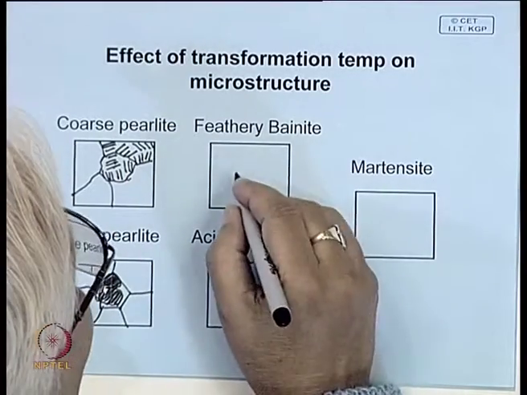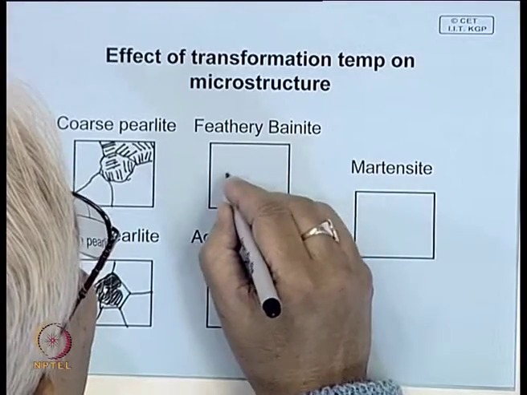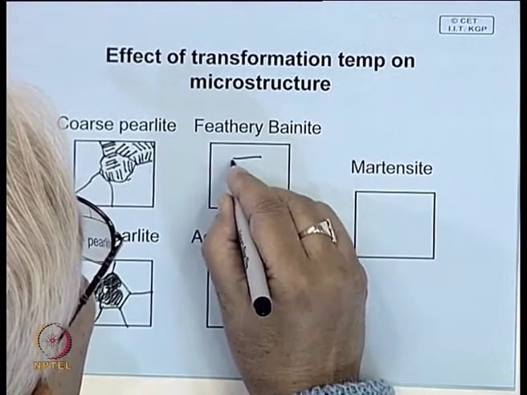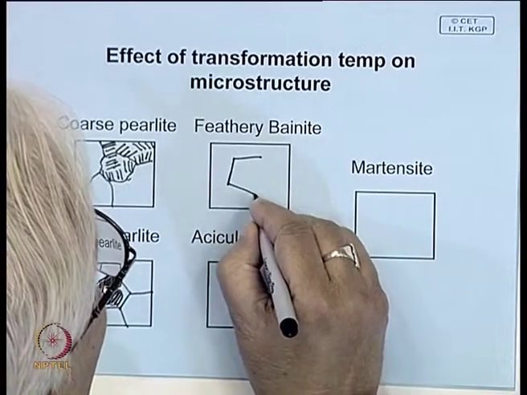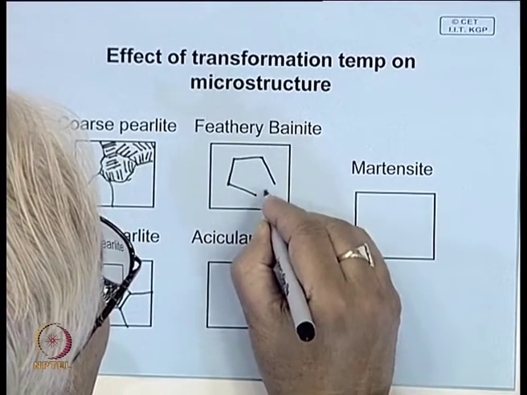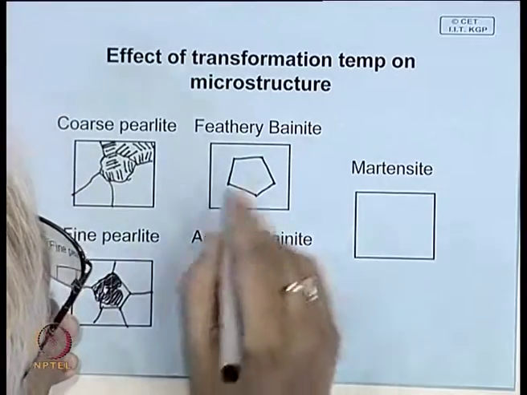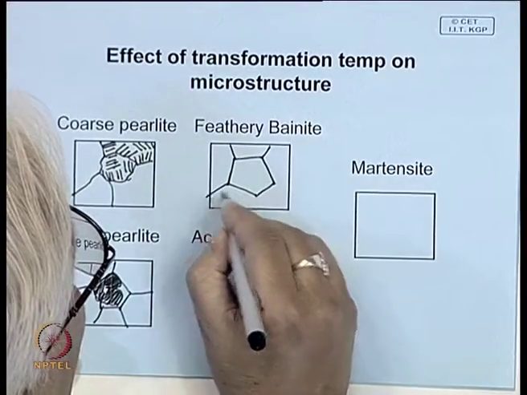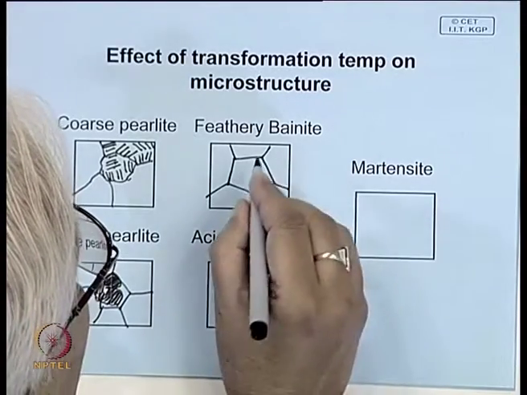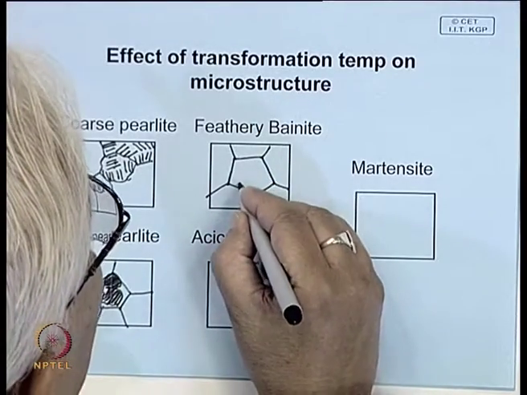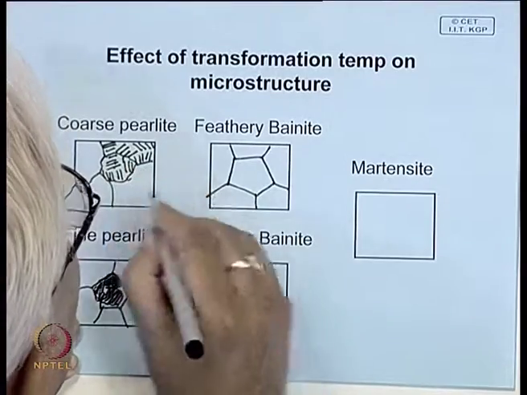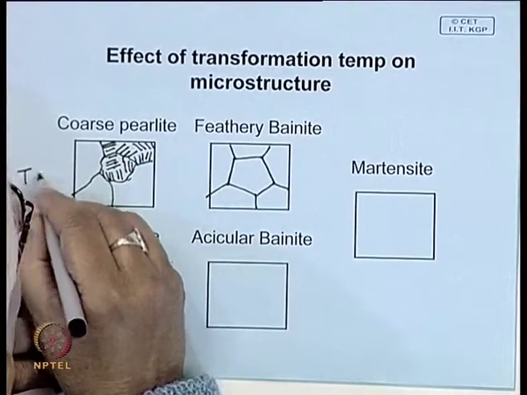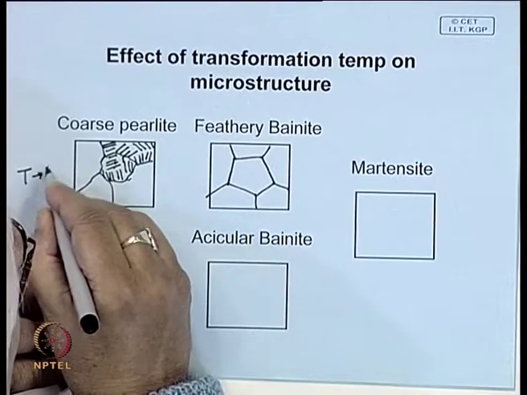Now, in case of bainite, suppose this is an austenite grain in the structure, and when bainite starts forming, mind you this takes place at a lower temperature, whereas pearlite forms at a high temperature.